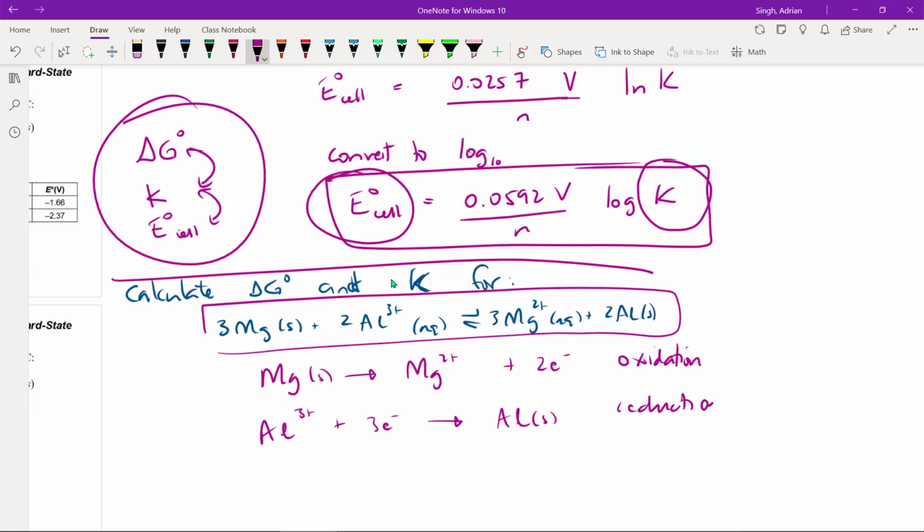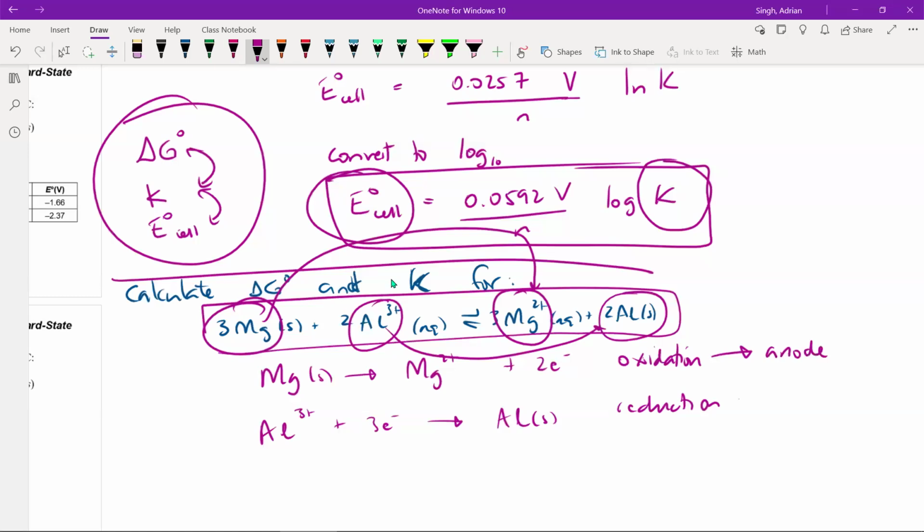And we can see that occurring here. Magnesium becomes Mg2 plus, an increase in oxidation number, that's oxidation. Aluminum going from +3 to 0, that's a reduction. So oxidation happens at the anode, and reduction happens at the cathode.